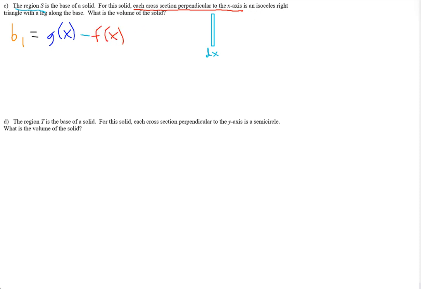And then remember, we derived these before, the shape we have, the cross-section of the isosceles right triangle with a leg along the base. Remember the area formula we got for that was 1/2 b squared.